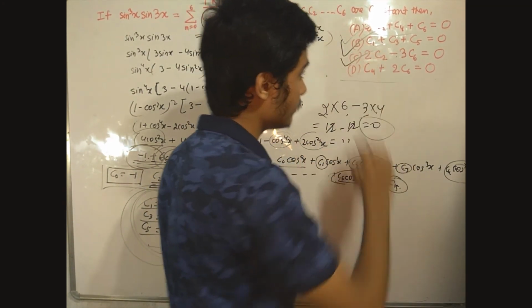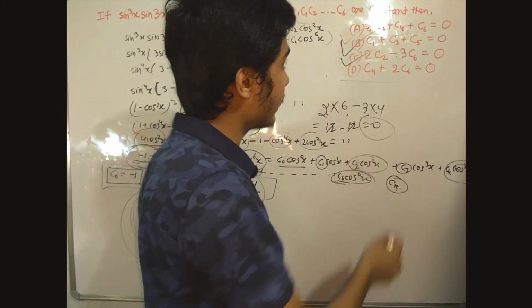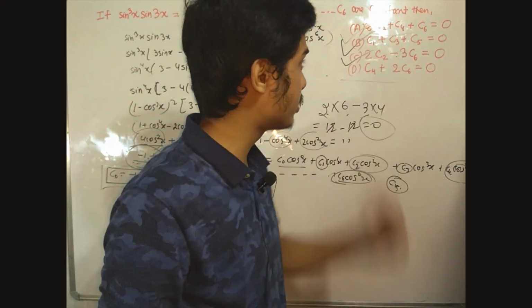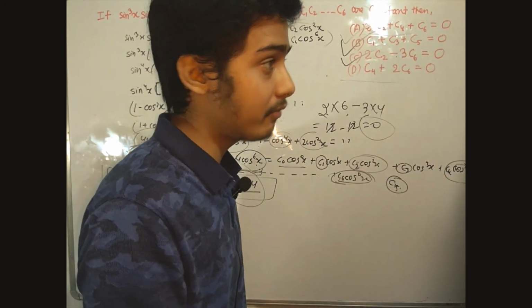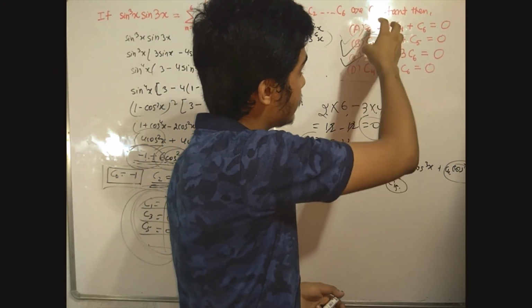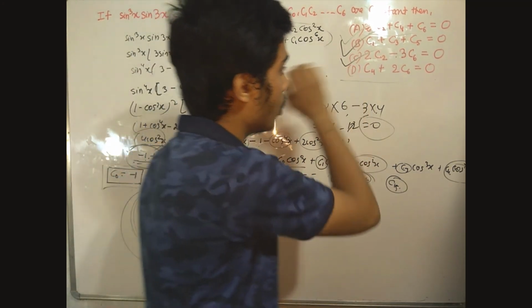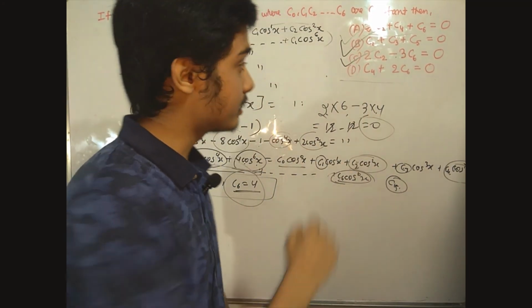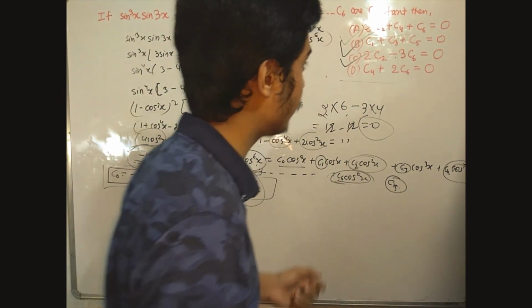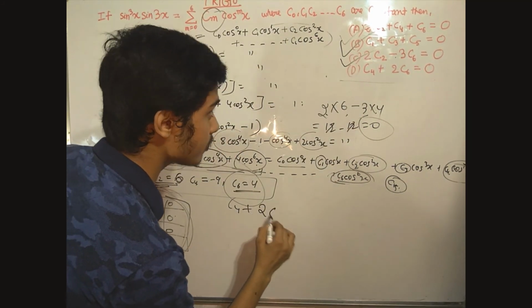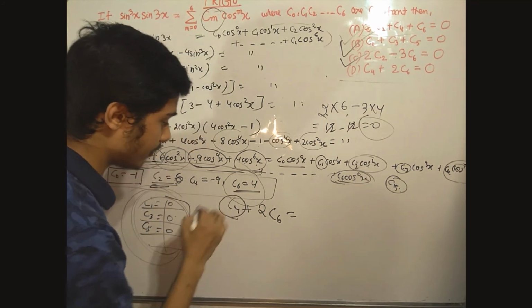Now we have to put the values of all these coefficients written in the options, and then verify whether these options are correct or not. Understand? Now we'll verify the fourth option. The fourth option says C4 plus 2 times C6.